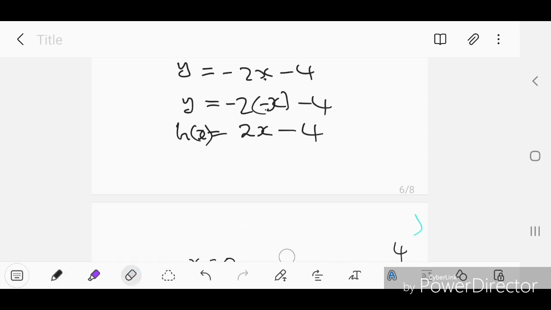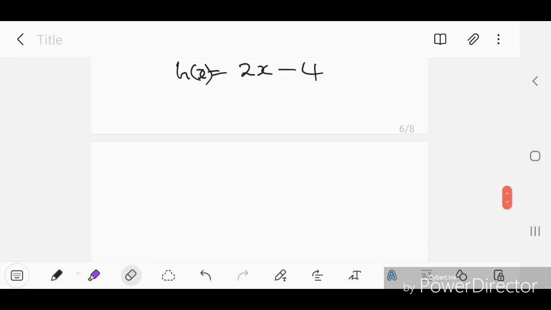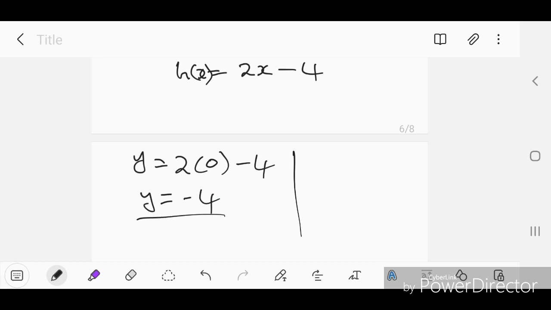So they said you must find the x-intercept and the y-intercept of h of x. So for the y-intercept of h of x, we make x to be 0. So this is 0 minus 4. So that is minus 4. That is the y-intercept. For the x-intercept, we make y to be 0. So it's going to be 2x minus 4.